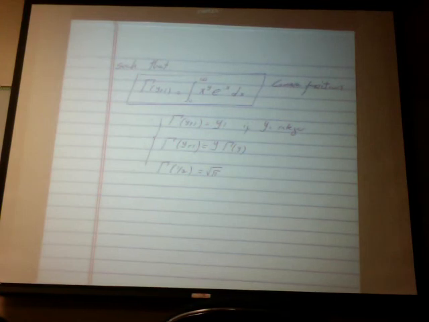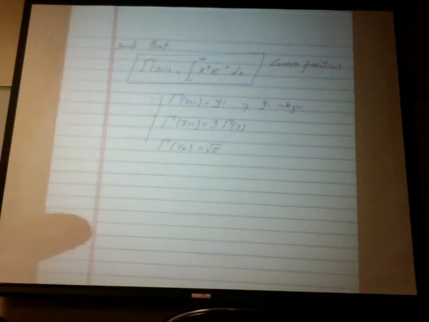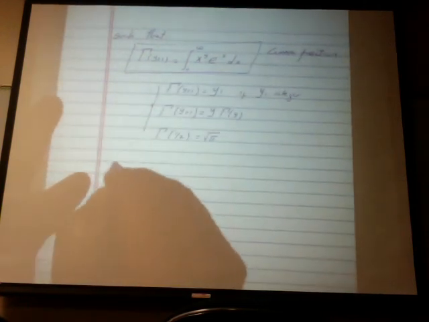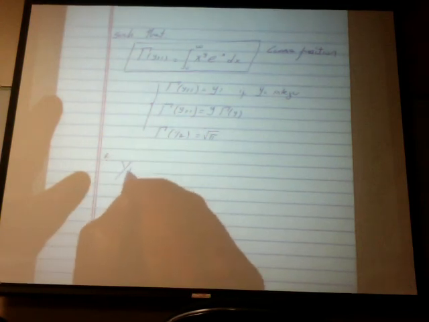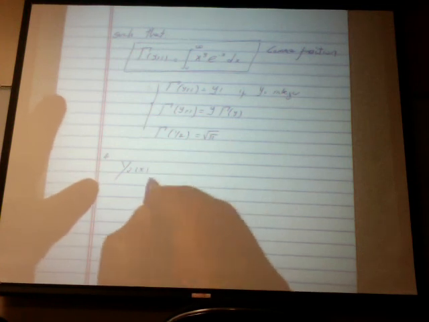The Bessel function of the second kind of order nu is equal to 2 over pi.